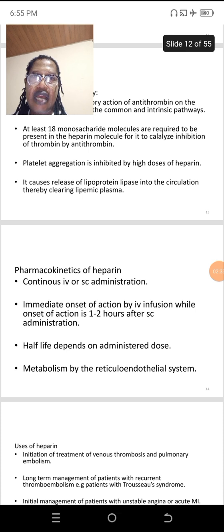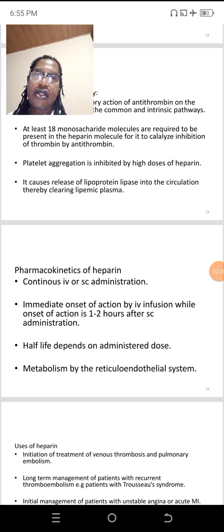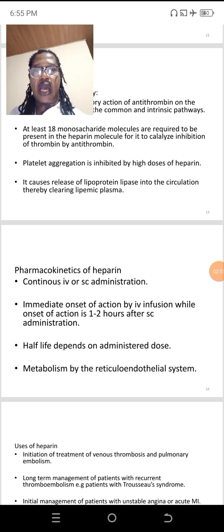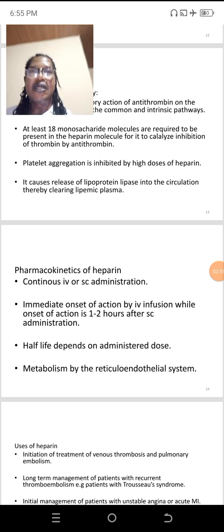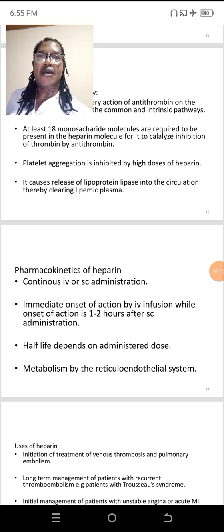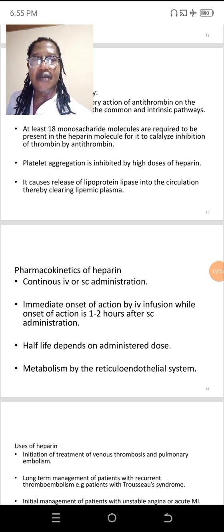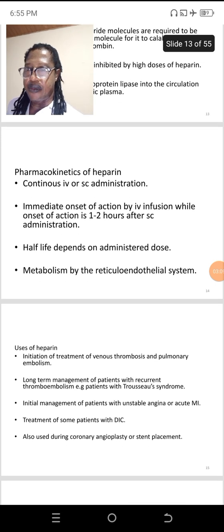Onset of action is immediate after IV infusion, whereas after subcutaneous administration, the onset of action is about 1 to 2 hours, and the half-life depends on the dose administered. Metabolism is in the liver by the reticuloendothelial system, and excretion is through urine.